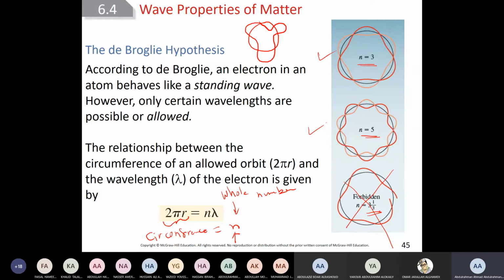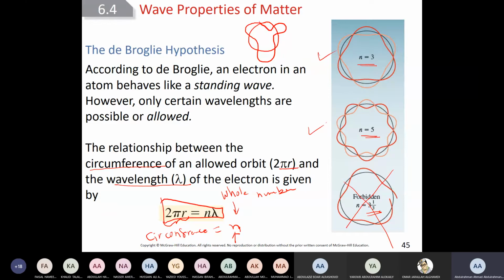So we have 1 or 2 or 3 lambdas or 4 lambdas. This means the circumference 2πr must be the wavelength lambda multiplied by n, the quantum number. This is one way to look at the de Broglie equation.